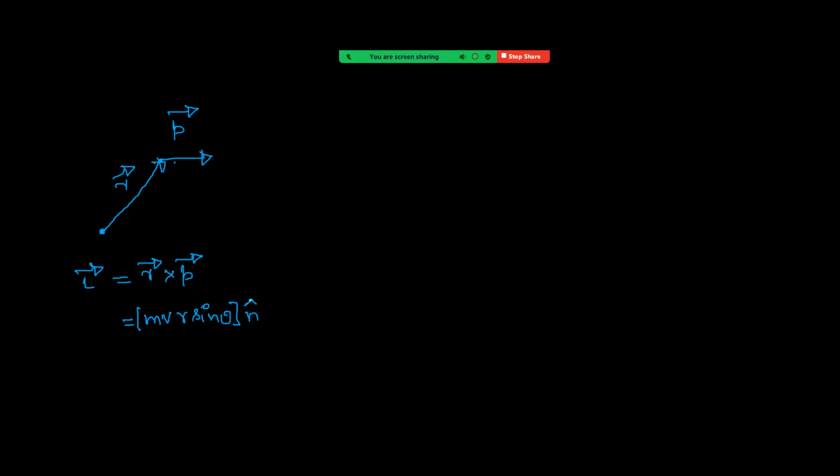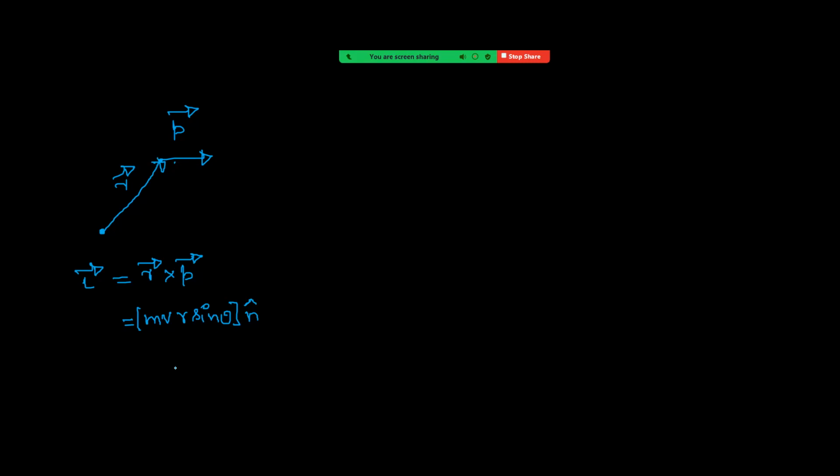That means keeping the right hand on the first vector, that is r bar, curling fingers towards the second vector. If you see in this diagram, if you put your right hand on r bar vector and curl fingers towards p bar, then thumb will be into the board. That means direction of L bar is into the board.